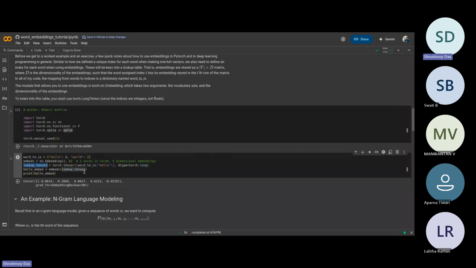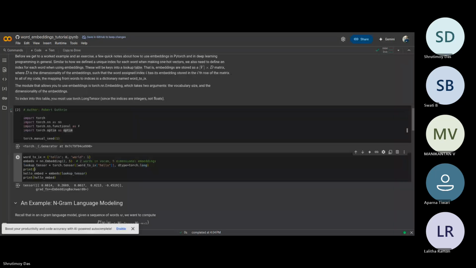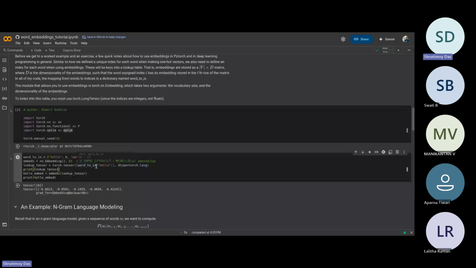So the lookup tensor basically says which index of the word you are trying to look up. So if I print this lookup tensor, here they are saying that I want to look up my word hello. That is, I want to see how my embedding for the word hello looks. It looks something like this. There is this vector.